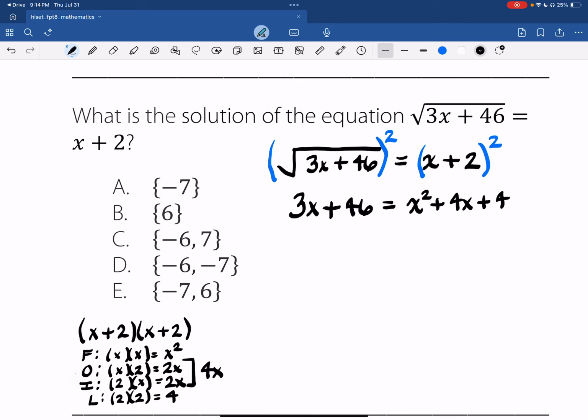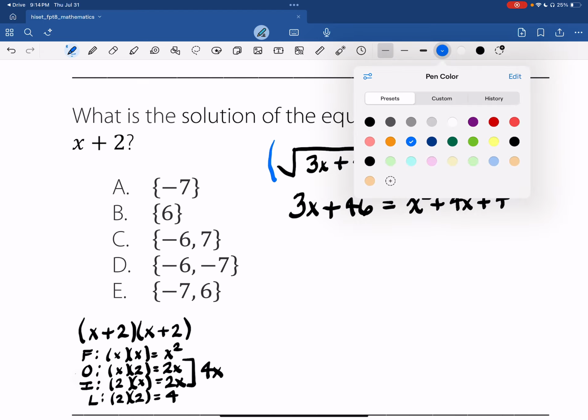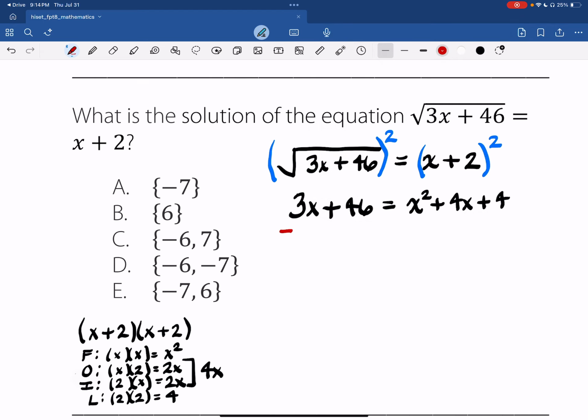So I want to get a 0 on this side of the equation. If I want nothing left over here, I have to move all this junk. So I'm going to say, I like to move my variable terms first, minus 3x, and this cancels.